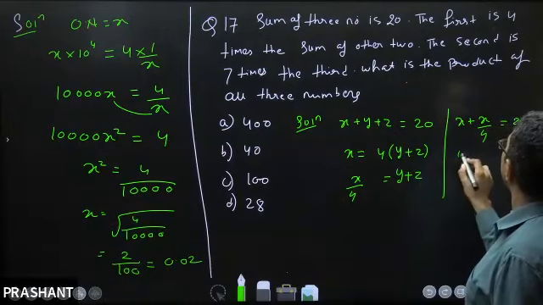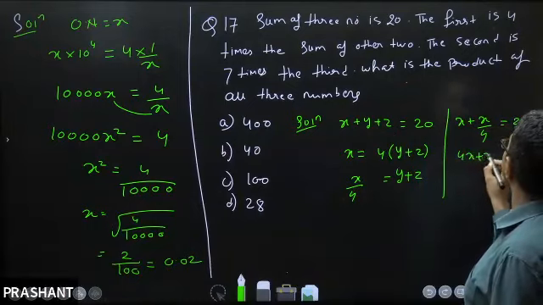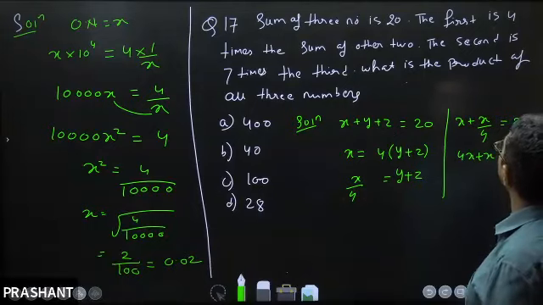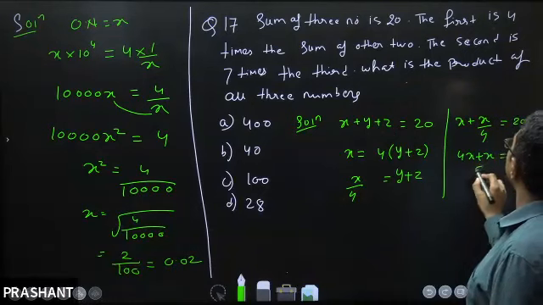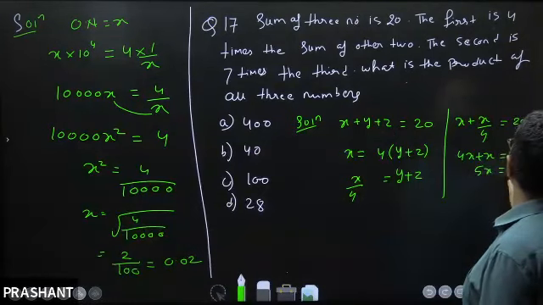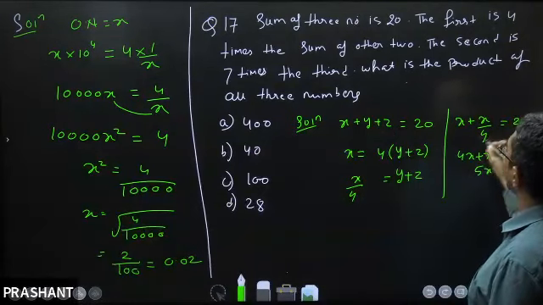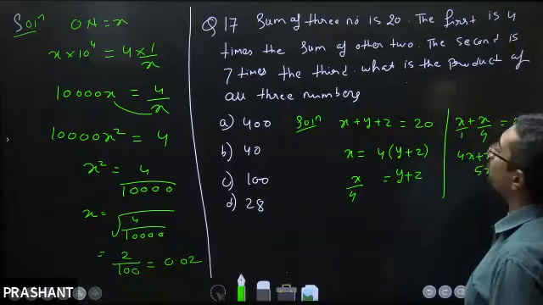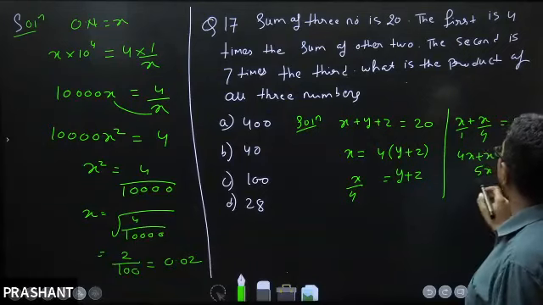So this is 4x plus x is equal to 80, writing 4 into 20. So 5x is equal to 80, since we took the LCM, multiplying by 4.